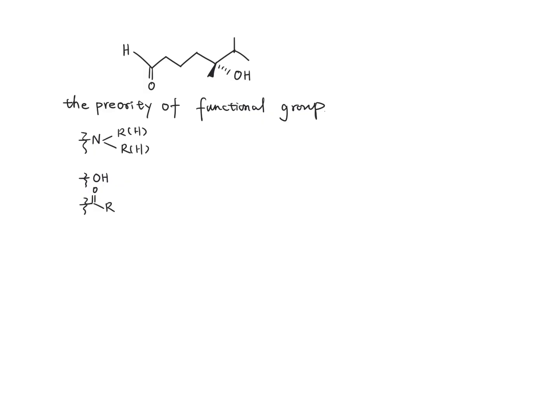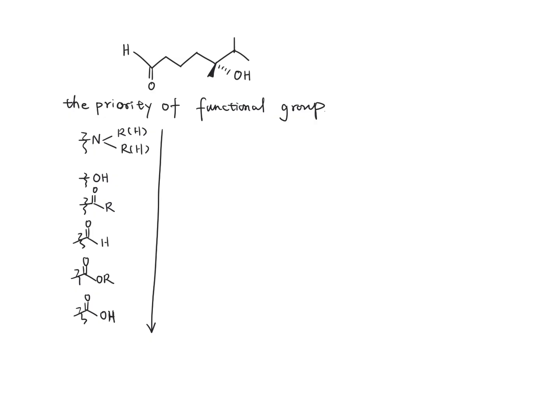So alcohol and ketone will be more prioritized, followed by an aldehyde, and then followed by the ester, and the highest priority is your carboxylic acid. So if you have a carboxylic acid group, then that parent chain will be the carboxylic acid. So the priority goes up. I realize I spelled something wrong. So priority, okay.